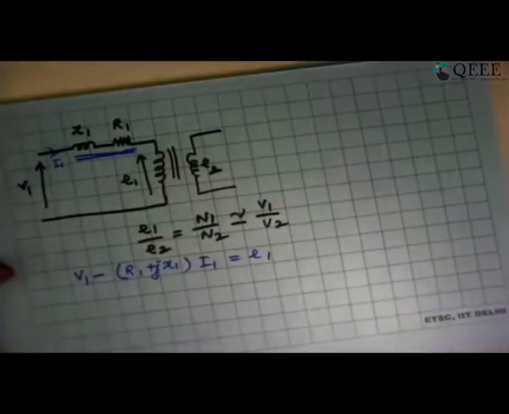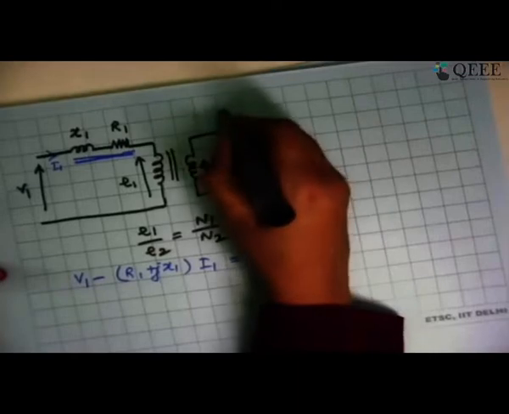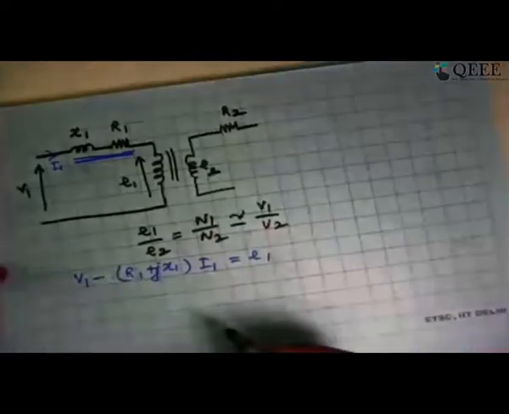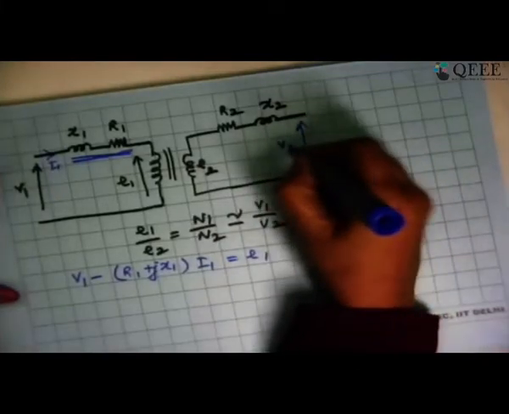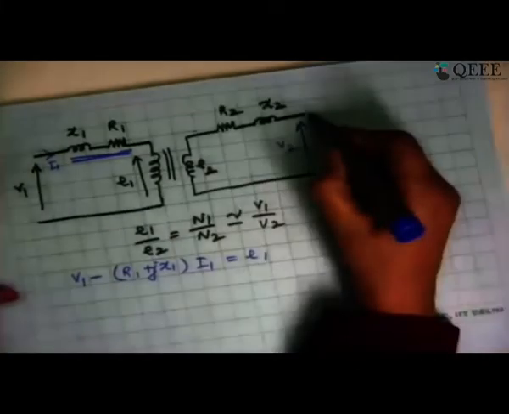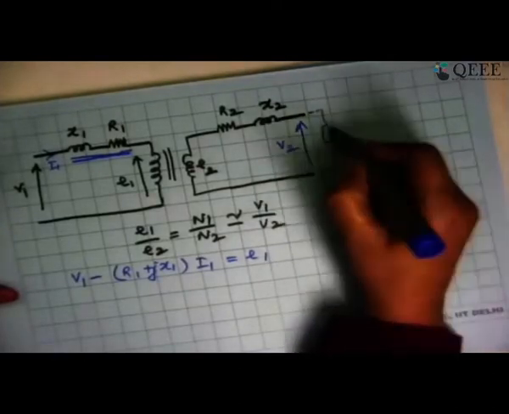Similarly, if I try to look at the secondary side, E2 is the induced EMF. I will definitely have a resistance R2, which is the inherent resistance of the secondary winding. This is going to be X2, which is the leakage reactance of the secondary winding. And what is left over, this is what is going to be V2, which is available at the terminals of the transformer. Now here I am going to connect the load.